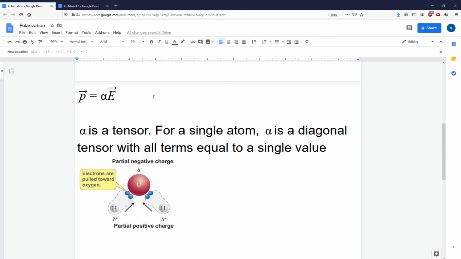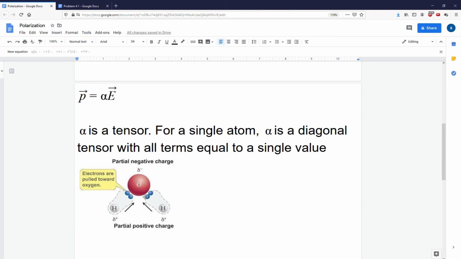Some molecules have a dipole moment built into them. The example usually used is water. Water, H2O, is 2 hydrogen atoms covalently bonded to an oxygen atom.